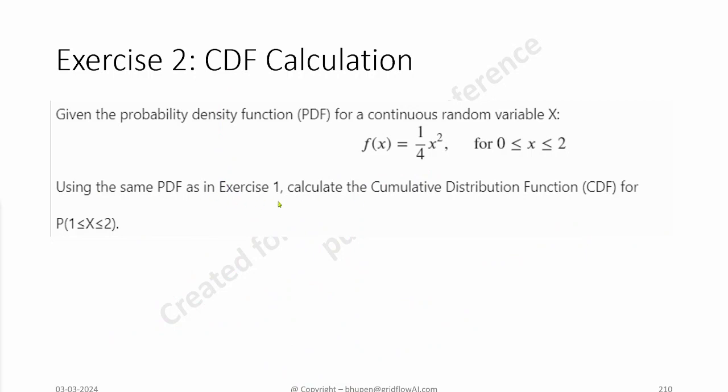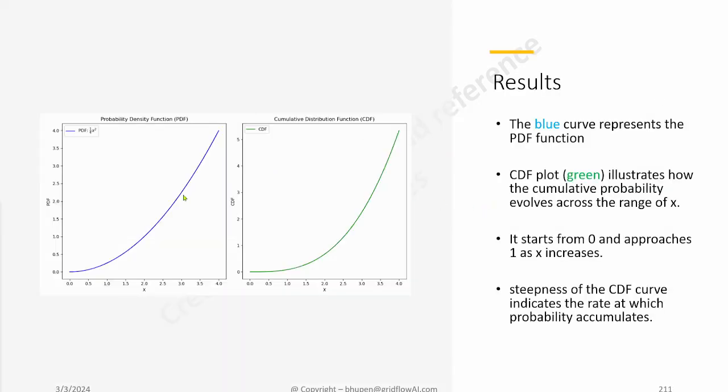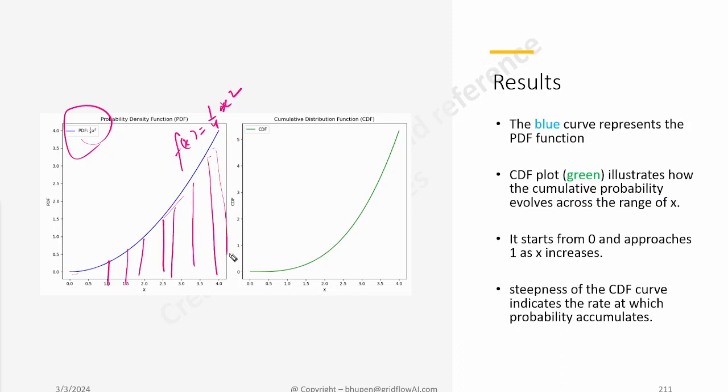So now we can use the PDF from the previous exercise that we did, and then we compute the cumulative density function. Essentially, the PDF, just for illustration, this is what we just did in exercise 1, where f(x) equals 1 over 4 and x square, and that's the function. And each of the points is nothing but your PDF.